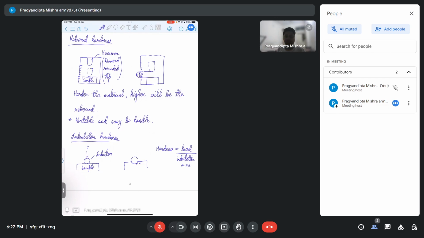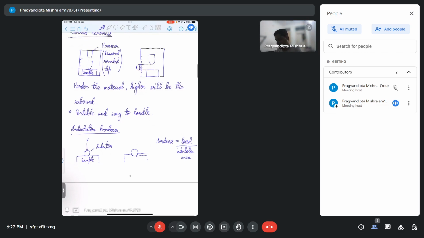That could give you the value of hardness for this particular system. So this is the general concept behind indentation hardness.